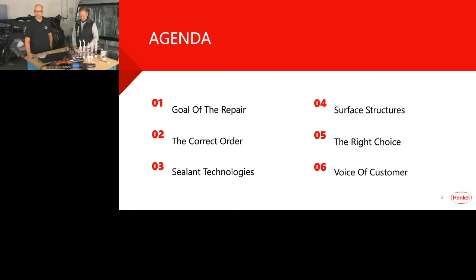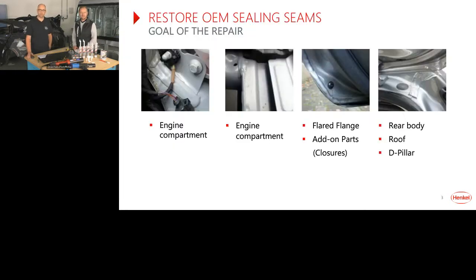Okay, so we can start with the goal of the repair. This is what customers want to expect: when they have a repair done on the car, it should look like it was before. So we have here some pictures of some sealing applications. After repair, it should look like this. Udo, is this what you also expect?